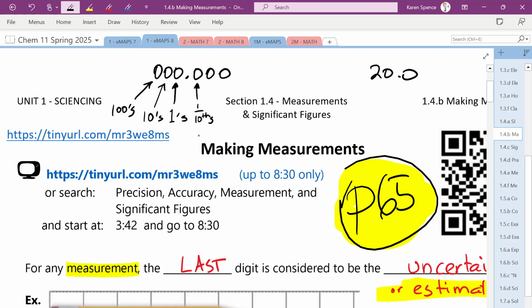You can say it is the 0.1 position, which is easier. This one is the 0.01 position. In other words, the hundredths. This one here, 0.001, that is the thousandths.